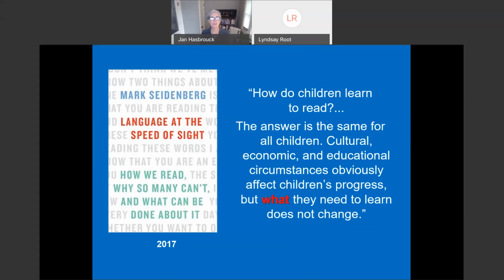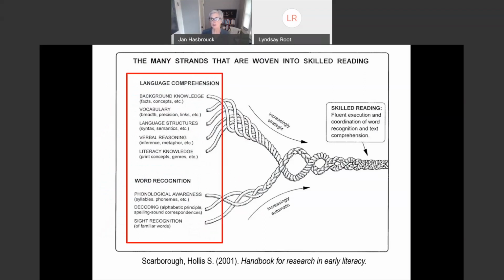So let's take a look at what they need to learn. Well, we can return to the simple view of reading, Scarborough's rope. What they need to learn is language. They need to have that in place. They need to build vocabulary and all of the background knowledge and all the aspects of semantics and syntax. They also need to learn a code.